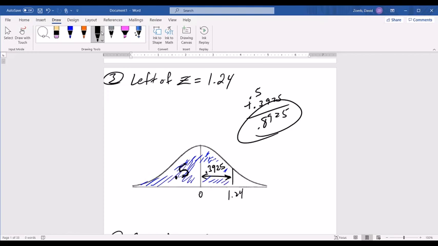Now, why did I add there? I added because that's what was necessary to figure this out. Try not to get hung up on it, because you're going to start seeing some of these where sometimes I'm adding, sometimes I'm subtracting, sometimes I just look up a number and that's the answer. Don't get hung up on when to do which of those three.